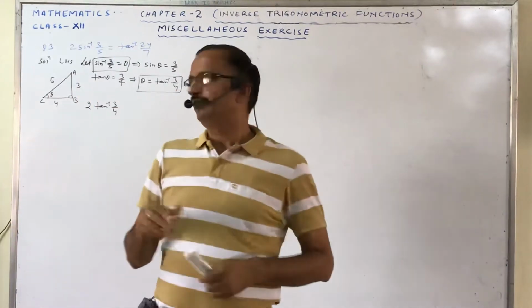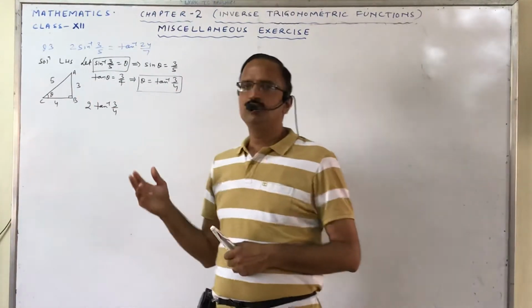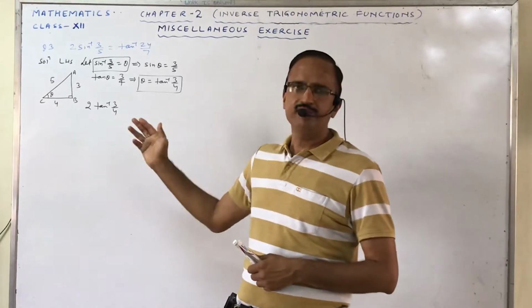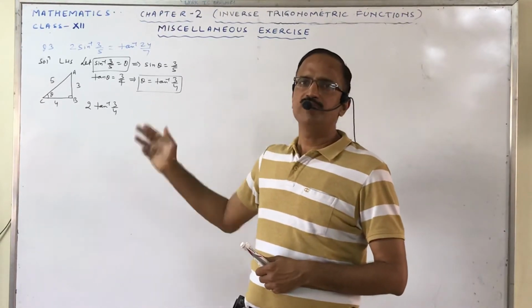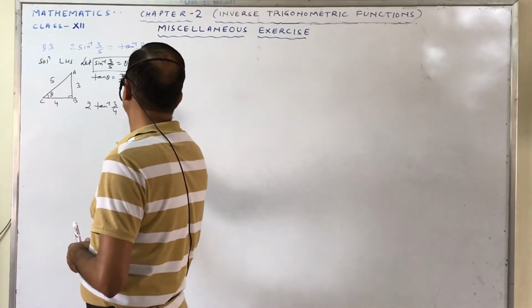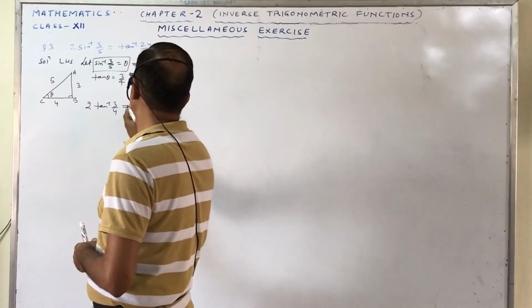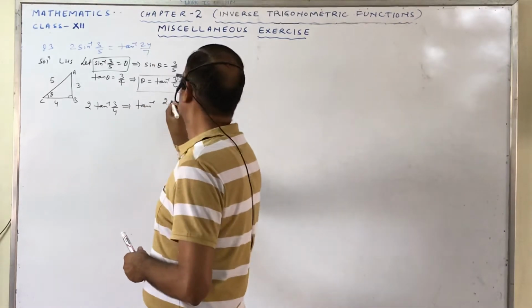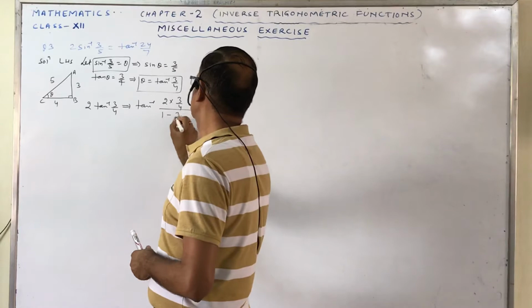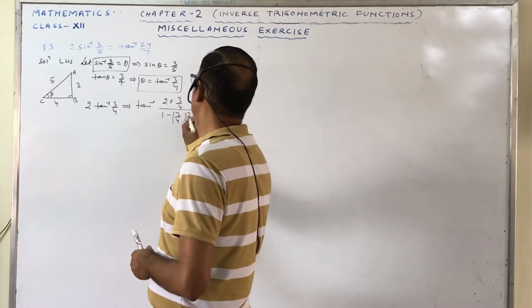Now we will use the formula 2 tan inverse x equals tan inverse 2x upon 1 minus x square. So this becomes tan inverse 2 times x, where x is 3 by 4, upon 1 minus (3 by 4) square.